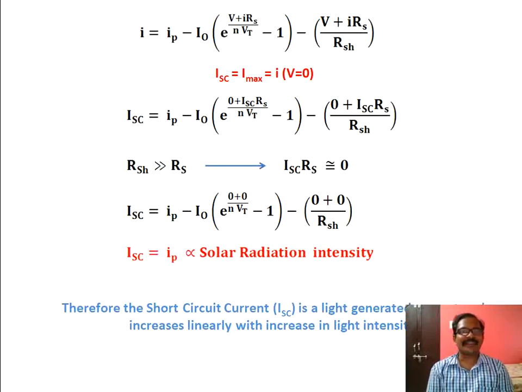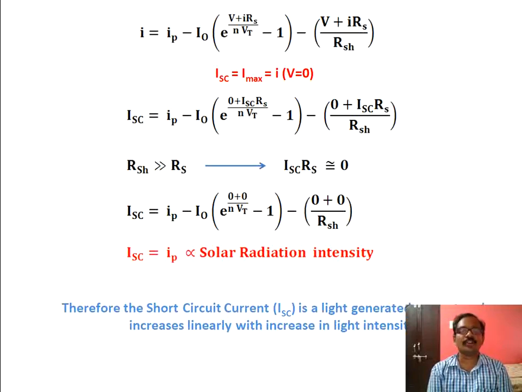That is, I is replaced by ISC: ISC equals IP minus I naught into e power (0 plus ISC into RS) by NVT minus 1, minus (0 plus ISC into RS) by RSH.